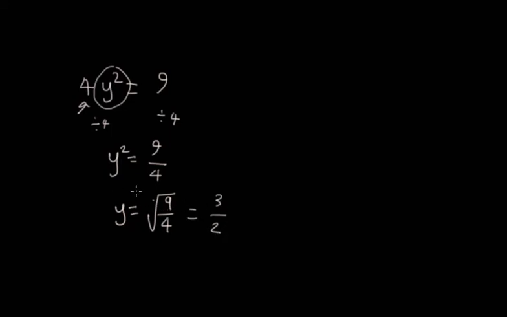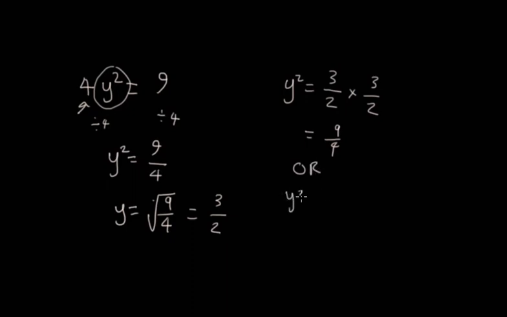Now, let's think about this a bit more deeply. When you take the square root of something, when you're dealing with algebra, let's just think. To get y squared, we would have to times 3 over 2 by itself. So to get y squared, it's 3 over 2 times 3 over 2. And that gave us the 9 over 4. But this is also true.